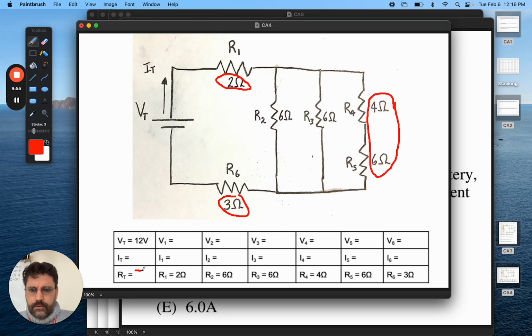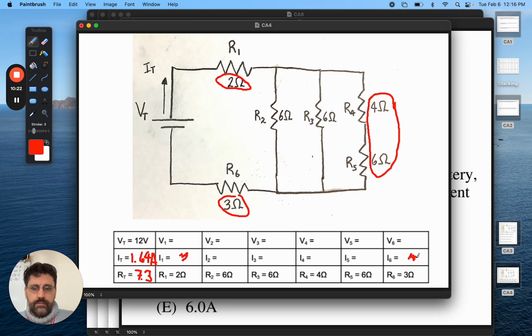ohms. From here, it actually gets fairly easy. It's just sort of a logic puzzle, because if you have 12 volts, 7.3 ohms, you can just do V over R, and you know the total current is equal to 1.64 amps, and then that will be the same as both I1 here and I6 here.